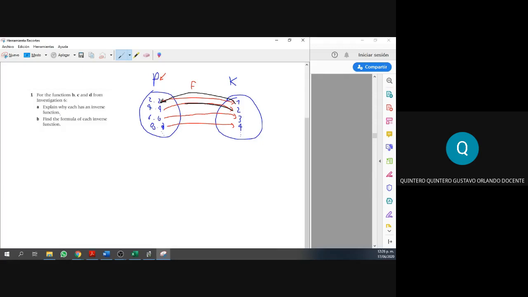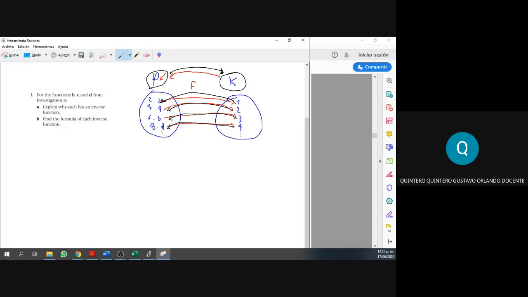So pounds and kilograms are related so that each pound has an amount of kilograms. The inverse would make it so that each kilogram has an amount in pounds.